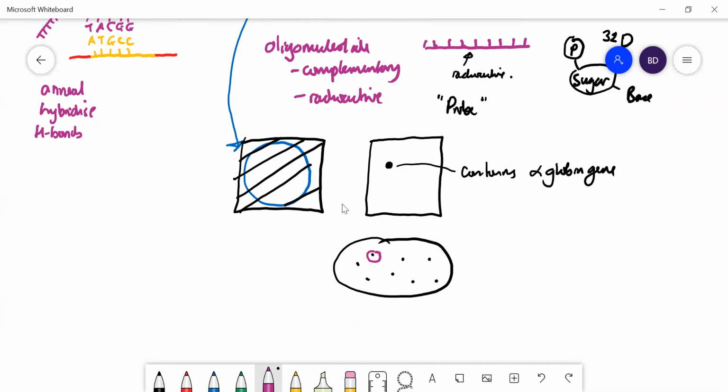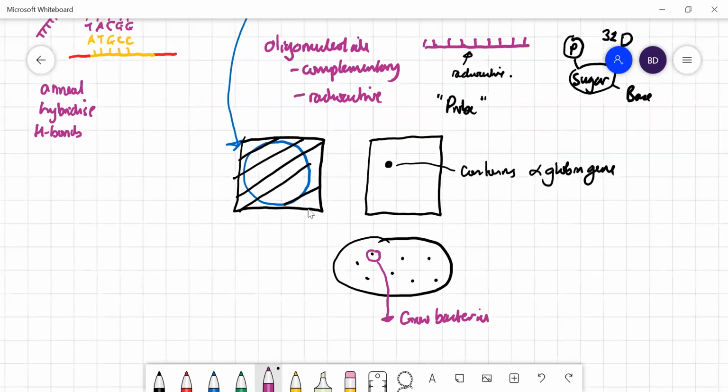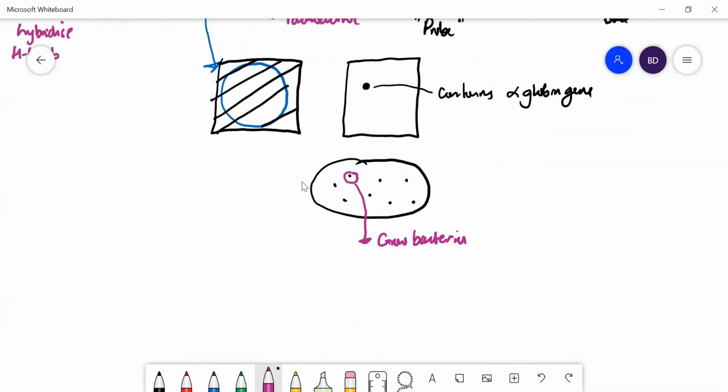So then you can take some of this, and you can grow this bacteria. And you're going to get lots and lots of copies of your plasmid. So here's the plasmid with a bit of DNA. That will be the cDNA for the alpha globin gene.